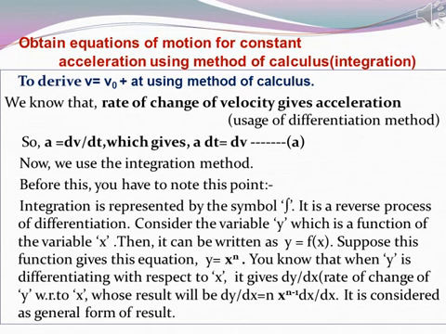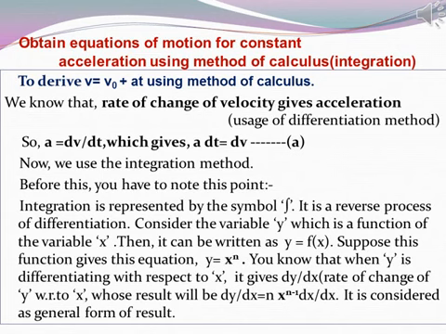Consider the variable y, which is a function of the variable x. Then it can be written as y = f(x). Suppose this function gives the equation y = x^n.